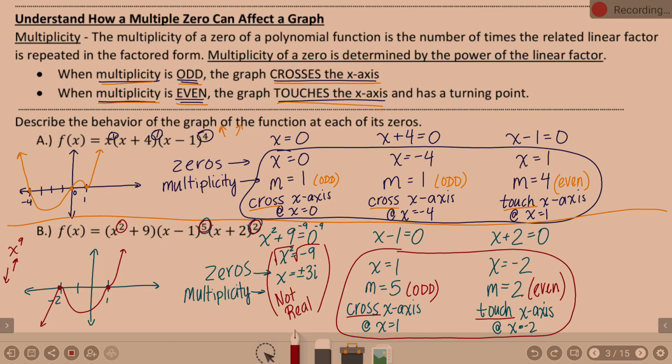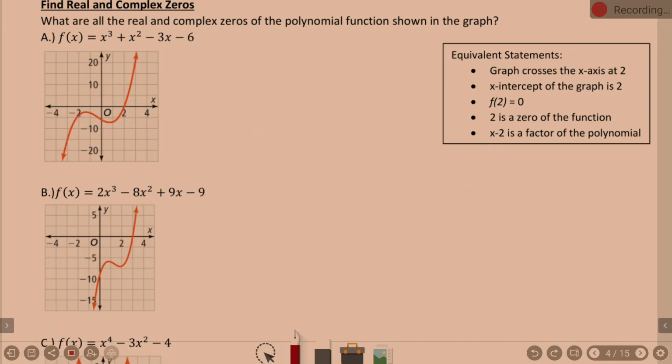Okay. Now, if we move to the back page, you guys are like, hey, I'd already moved to the back page, Mr. Sargent. You took us back. Okay, true. On the back side, we're going to spend some time finding zeros. They're asking us to find, notice what it says here, all of the real and the complex zeros.